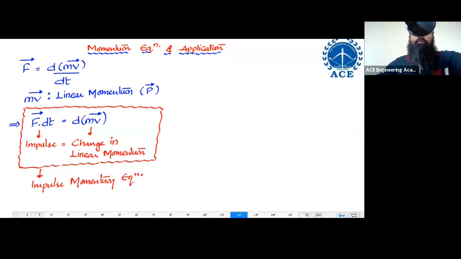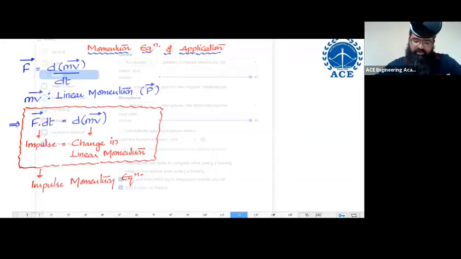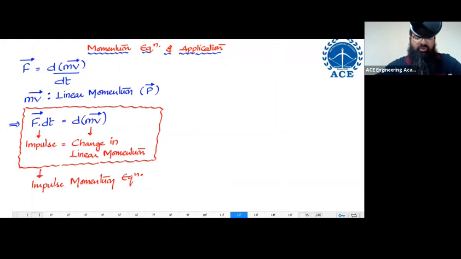This is practically in front of my face, so I can't do anything further. Okay, I'm moving further now. One second. In my audio setting, everything is at maximum. You please check your audio settings also once, those who are having difficulty. I'm continuing now, please. Don't comment for some time.